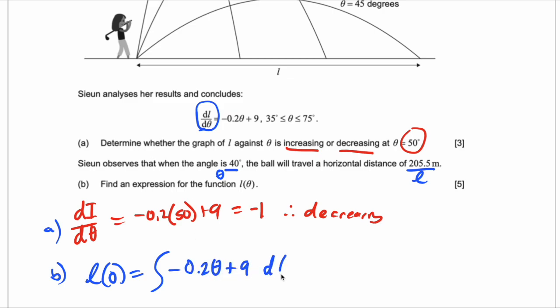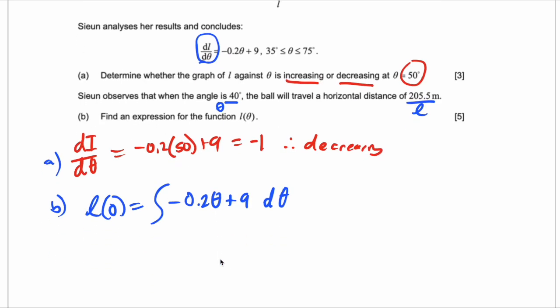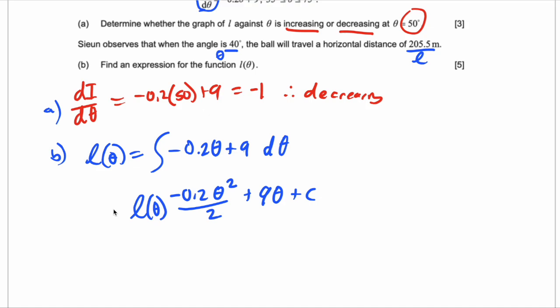Okay, so we have the integral of that, so we increase the exponent by 1 and divide by that exponent, and 9 becomes 9 theta plus c. That should be a theta there. Okay, simplify a bit. Negative 0.2 divided by 2 is negative 0.1 theta squared.